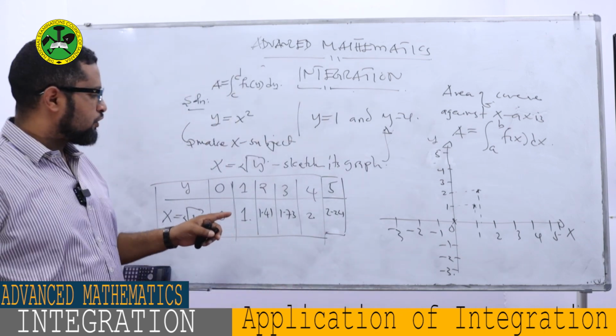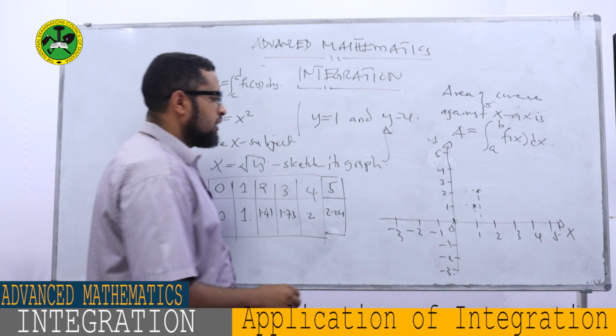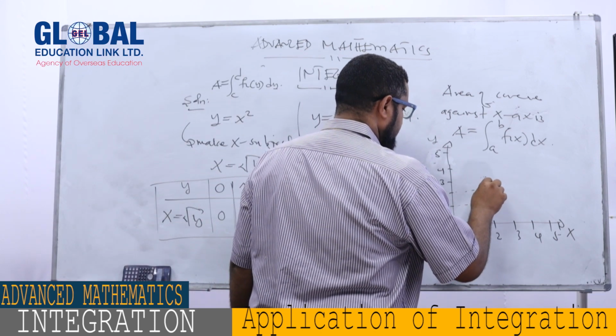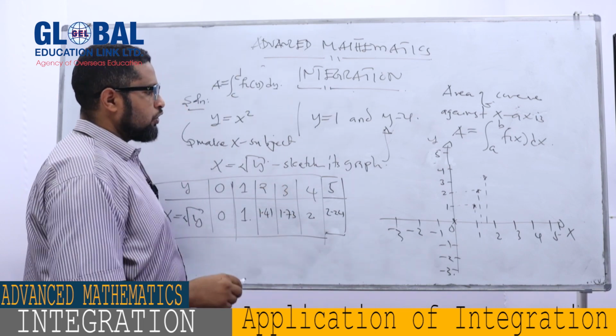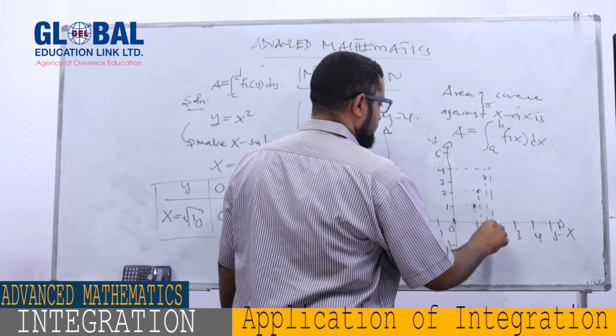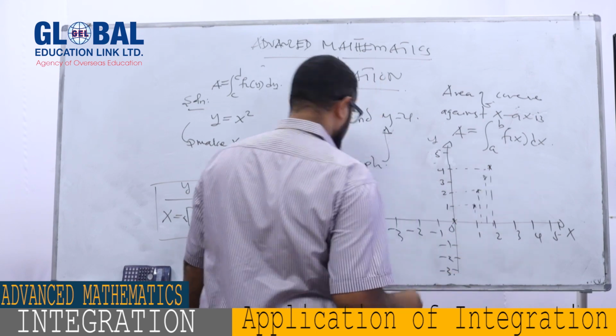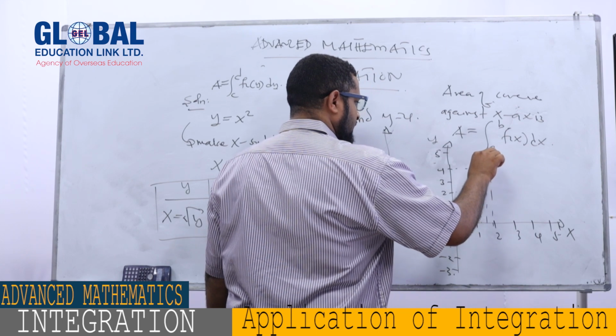When y is equal to 3, the x value is 1.73. When y is equal to 4, the value of x is equal to 2. Then 5. So the graph will be of this nature.